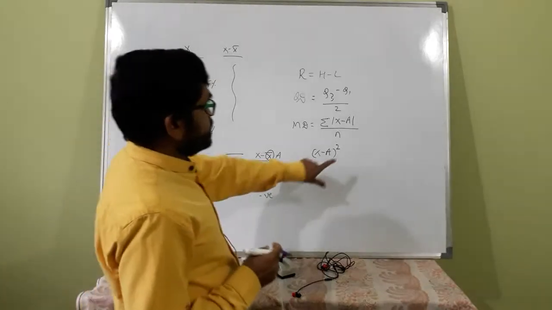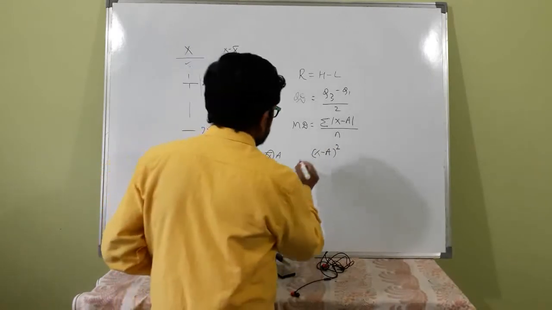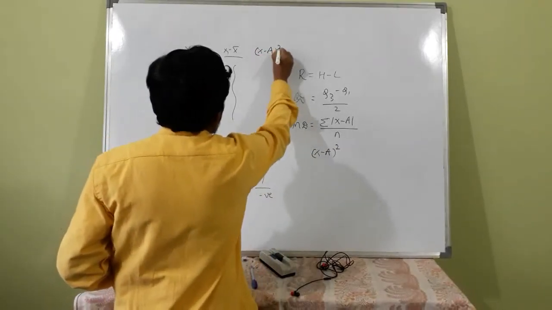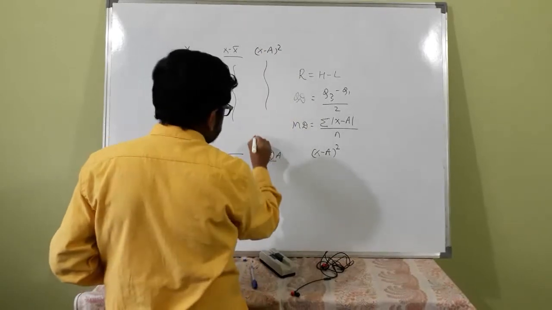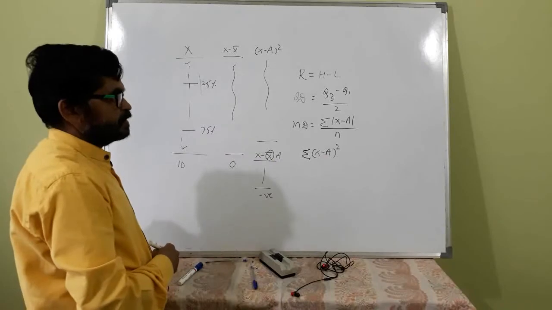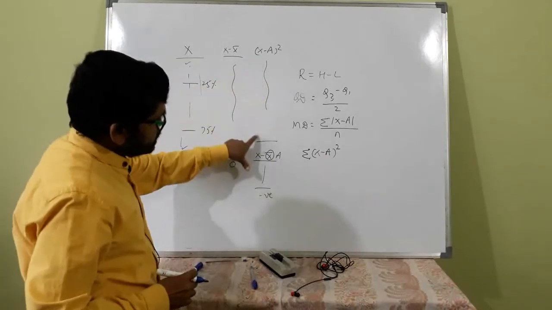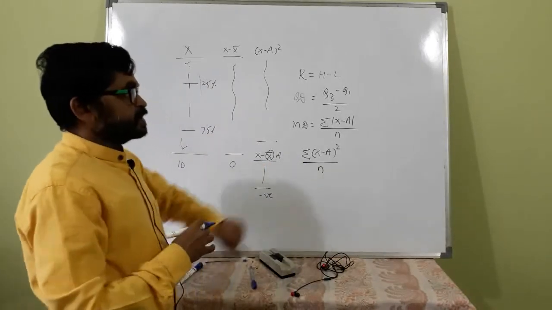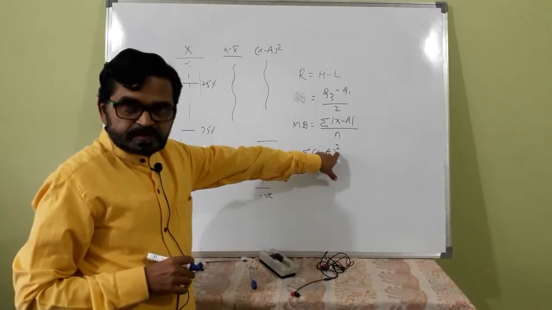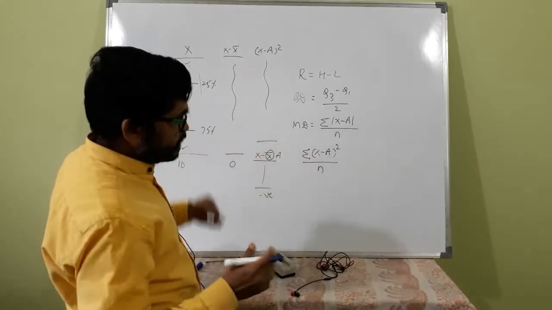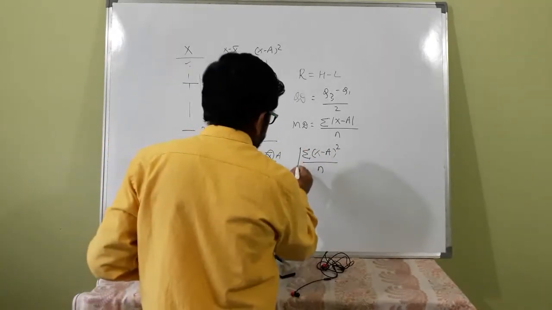We take the deviation, then (x minus a) squared, which will be non-negative, and then take the sum. Since we consider n values, you have to divide this by n.